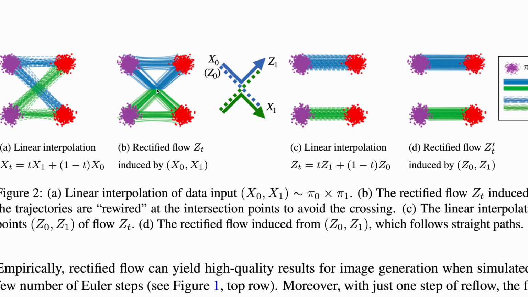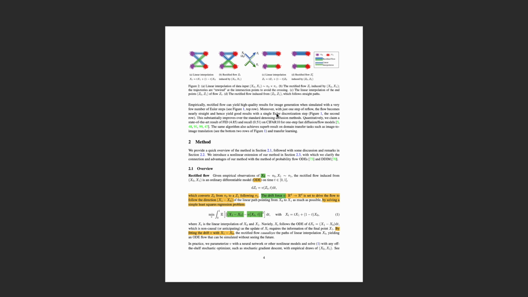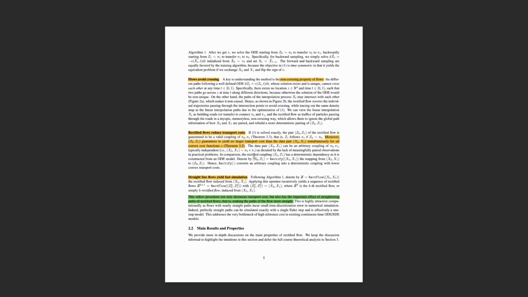You have this line, but then it changes direction. There is no crossing of the paths, which is really great. It's a nice property that has an impact on the fact that the paths are straight, and therefore that they can be simulated in a fast way.